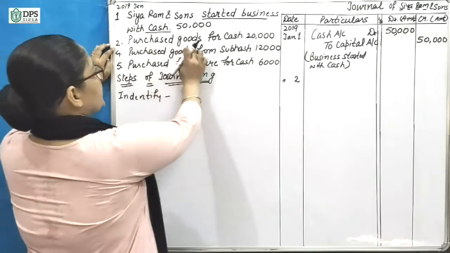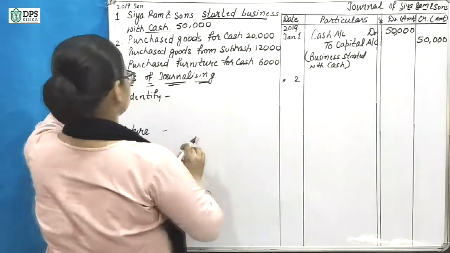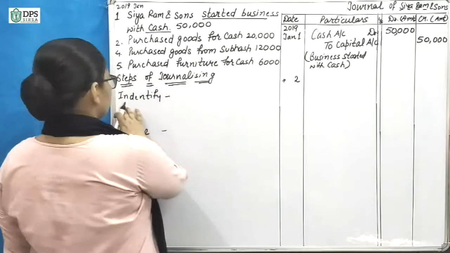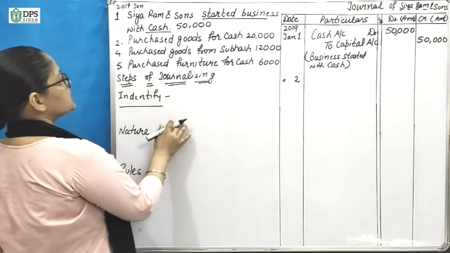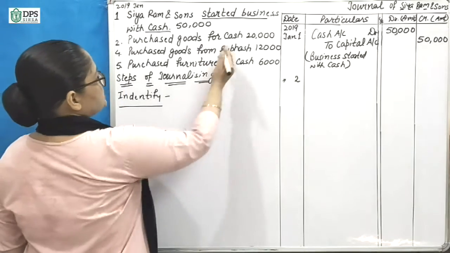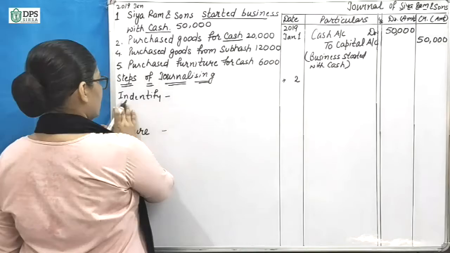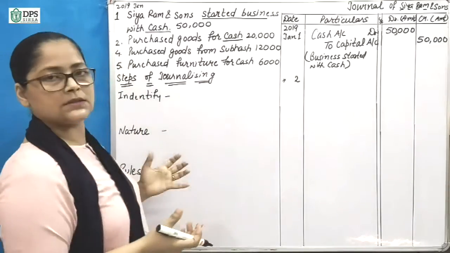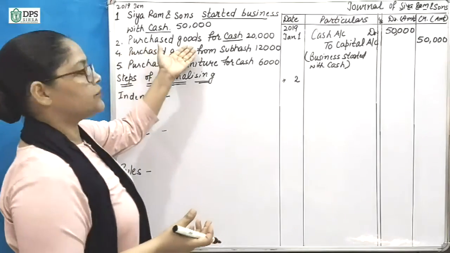Next entry is purchase goods for cash, 20,000. Now two accounts are being affected here, we will identify those accounts, and those accounts are first cash, because cash is going from the business, because we are purchasing goods.